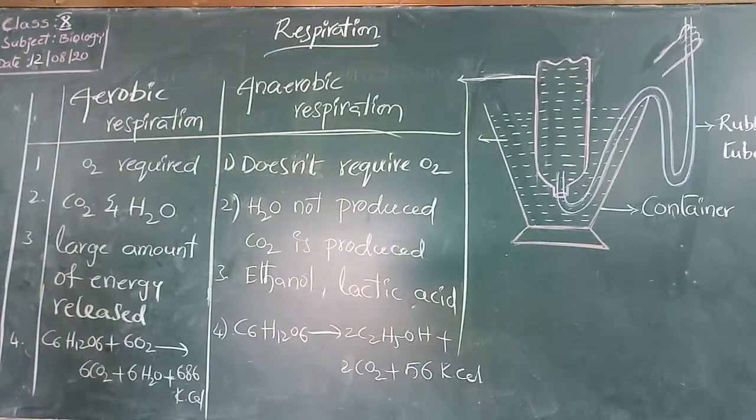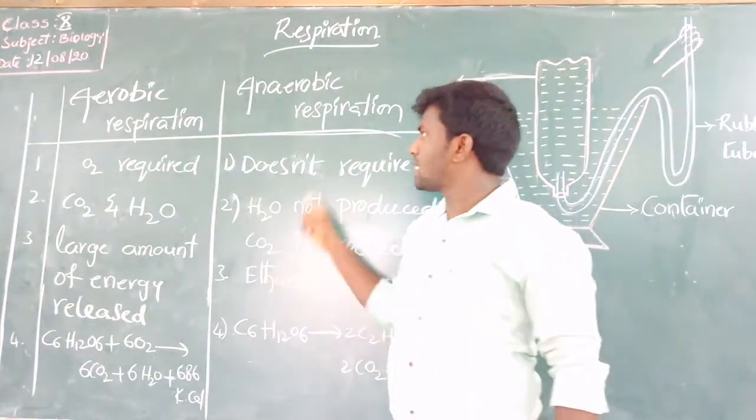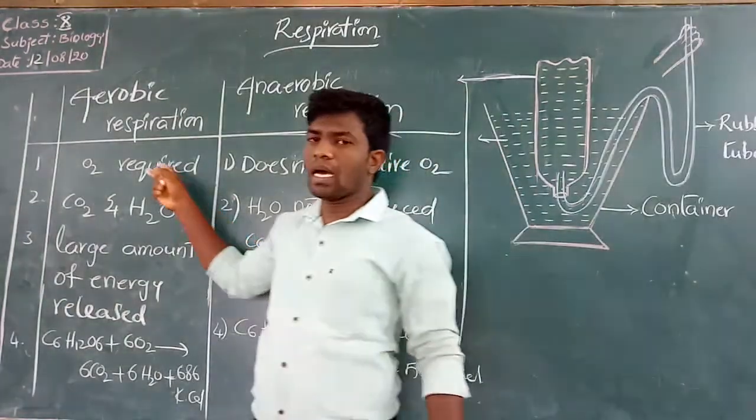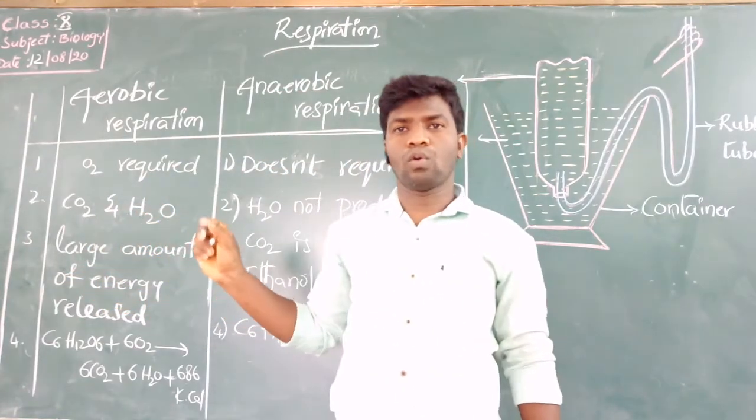Are you clear? So ethanol or lactic acid is produced in anaerobic respiration, while carbon dioxide and water are produced by oxidizing glucose in aerobic respiration.